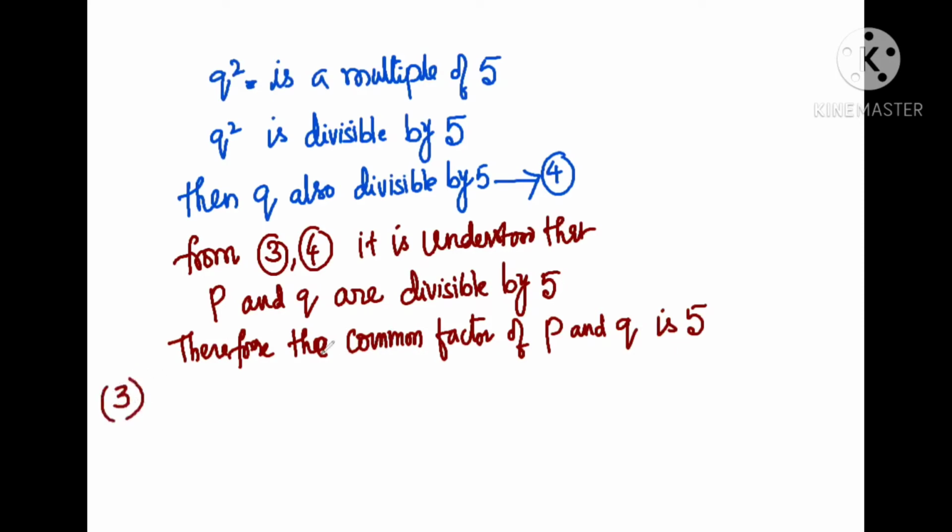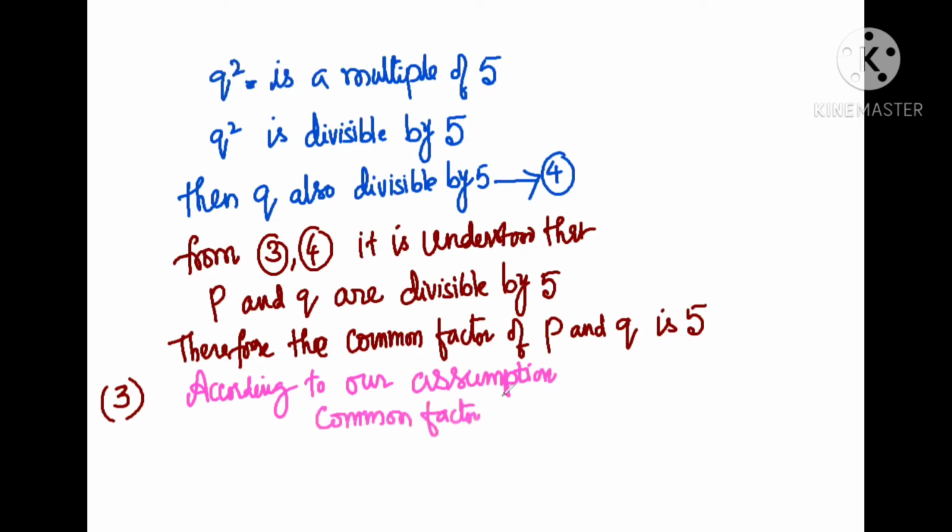Third step. According to our assumption, the common factor of p and q is 1 only, but we got common factor 5.